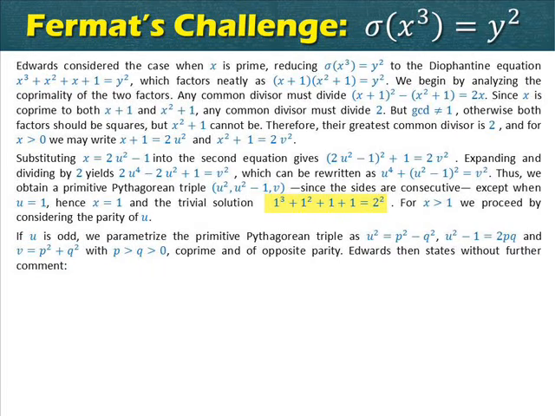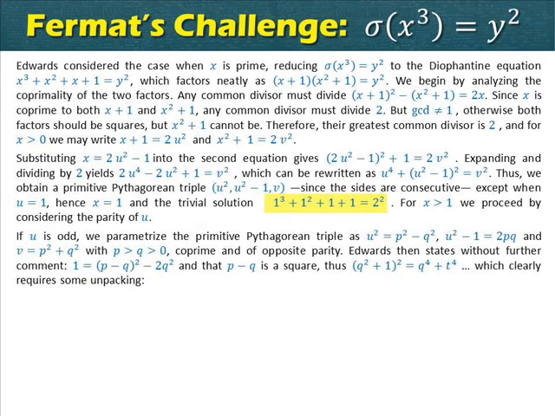Edwards then states without further comment, u squared equals the square of (p minus q) minus 2 times q squared, and that p minus q is a square. Thus, the square of (q squared plus 1) equals q raised to the fourth plus t raised to the fourth, which clearly requires some unpacking.